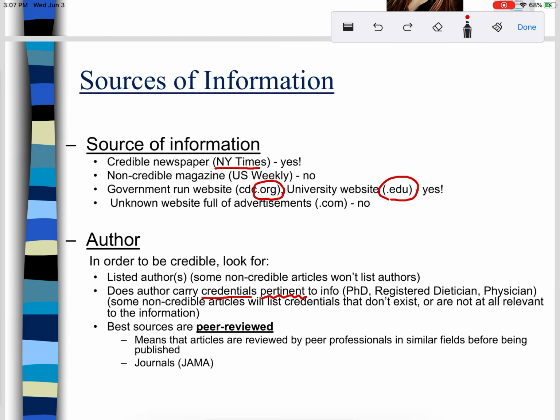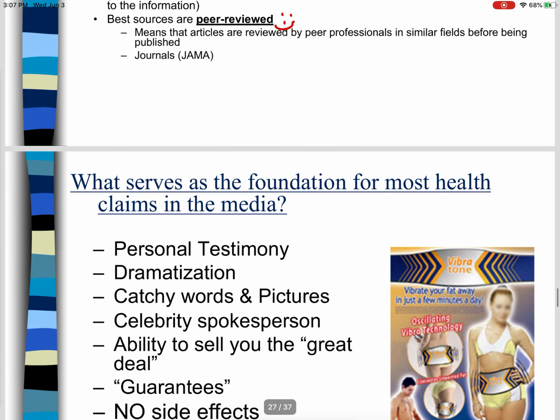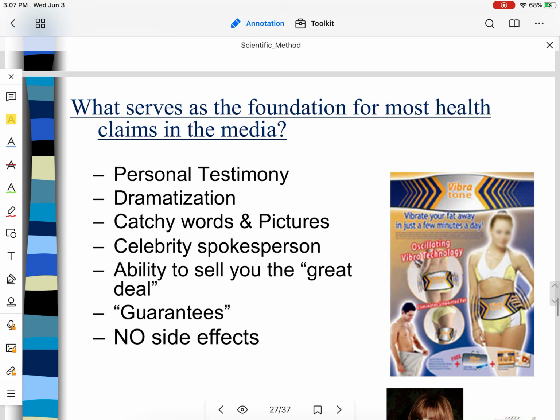In other words, if it's something that's looking at the effect of nutrition, then a dietitian would be a credible credential. Not necessarily a PhD, because that PhD could be in English literature, I don't know. The best sources are peer-reviewed. Any journal that you really think of as worth its salt is peer-reviewed. So Journal of the American Medical Association, for example.